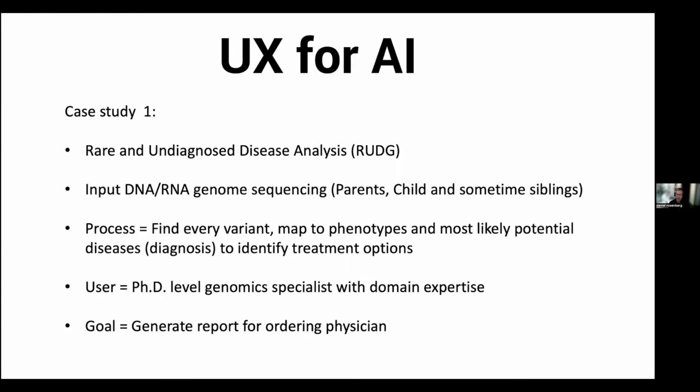The typical user is a PhD level genomics expert. And in a sense, their goal is to generate a report for the ordering physician that says what is going on in this human's body.